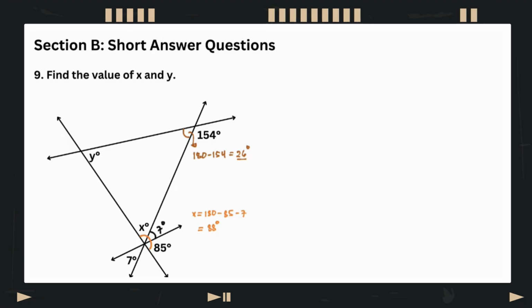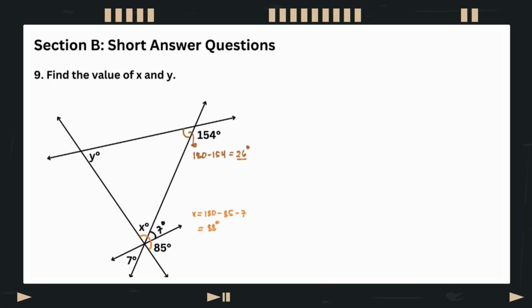So if this is 26 degrees, then to find y, we need to apply our knowledge on the sum of the interior angles of a triangle, since this forms now a triangle. So y is equal to 180 minus 88 degrees, which is the value of x, minus 26 degrees. 180 minus 88 minus 26 gives us 66 degrees.